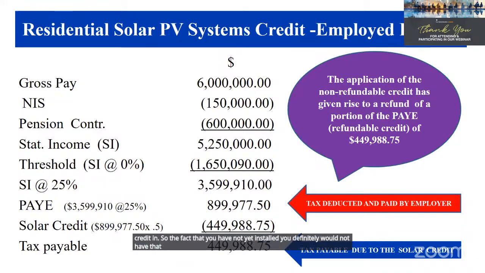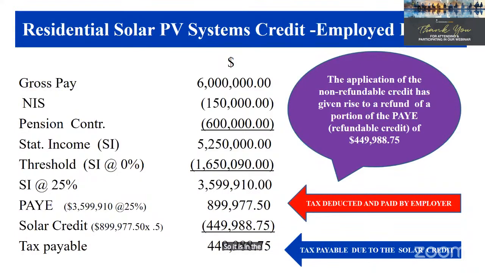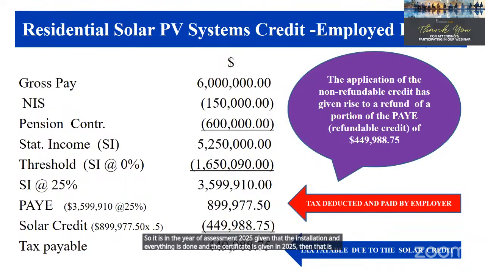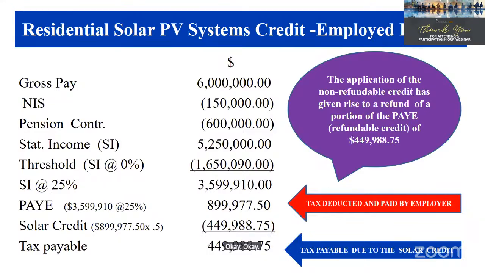You are not going to get that certificate until sometime in 2025. So it is in the year of assessment 2025, given that the installation and everything is done and the certificate is given in 2025, then that is when you'll be able to claim the credit. Okay, thank you. You're most welcome.